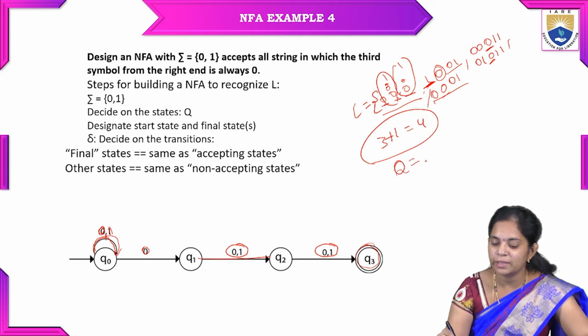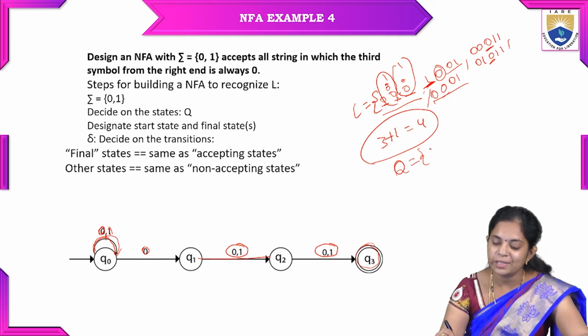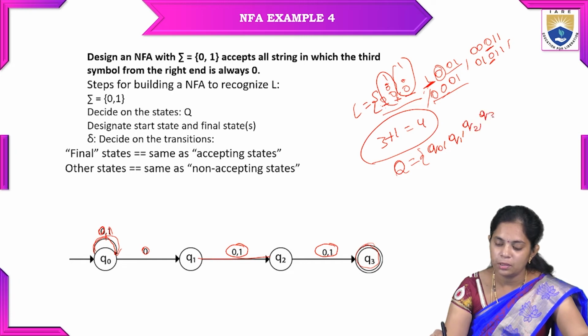Now how do we represent this five tuple for this construction of the NFA? We have Q, which is a set of states. How many finite states do we have? Q0, Q1, Q2 and Q3. And sigma is the combination of 0 and 1.